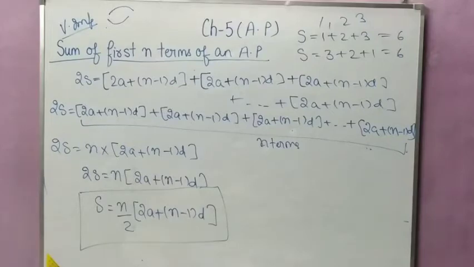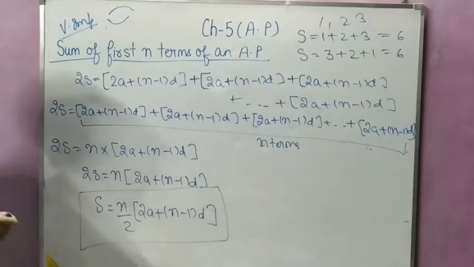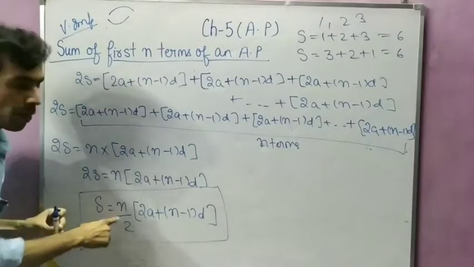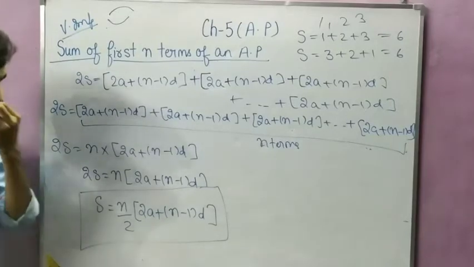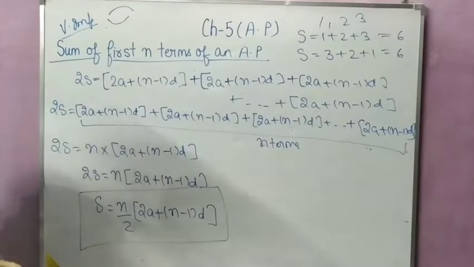I hope it is clear to all of you. So the sum of the first n terms of an AP is s equal to n by 2 in bracket 2a plus n minus 1d. N is known as the number of terms, a is known as the first term, and d is known as the common difference. So this is the formula.